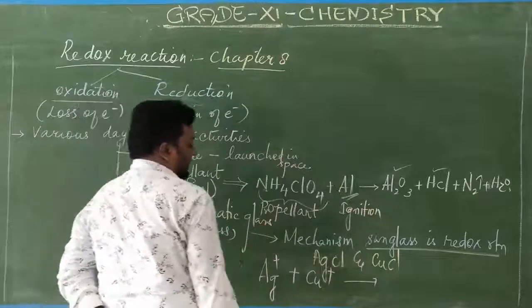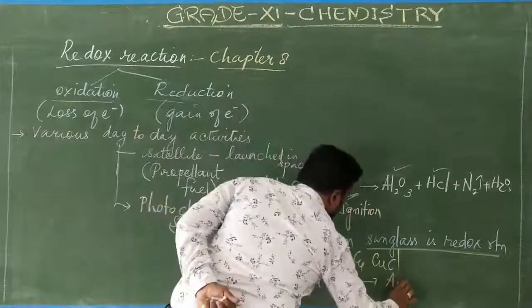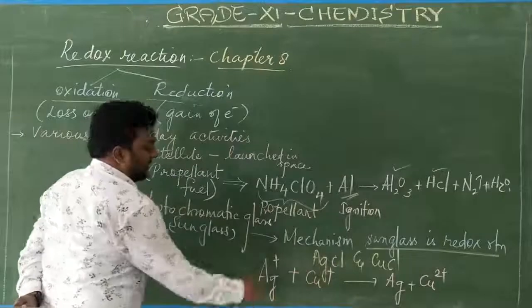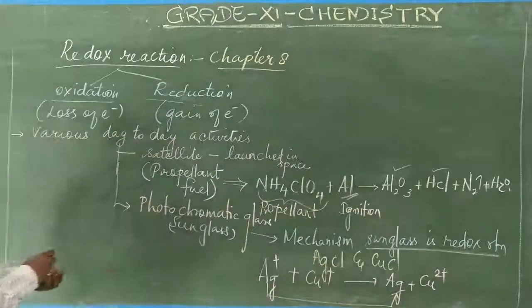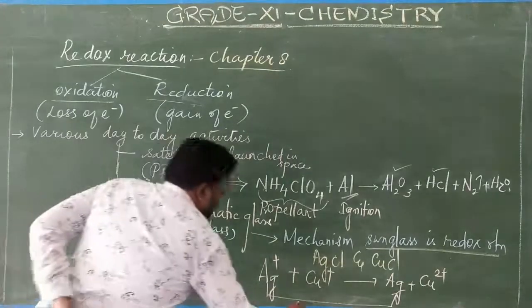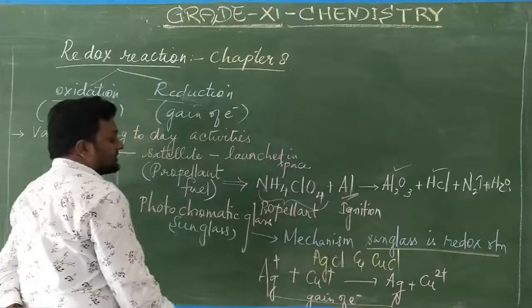Here there is only an exchange of electrons happening. The exchange of electrons is silver plus Cu 2+. That means Ag+ becomes Ag, isn't it? So Ag+ becomes Ag, where the gain of electrons has taken place. I will explain what is the gain of electrons.